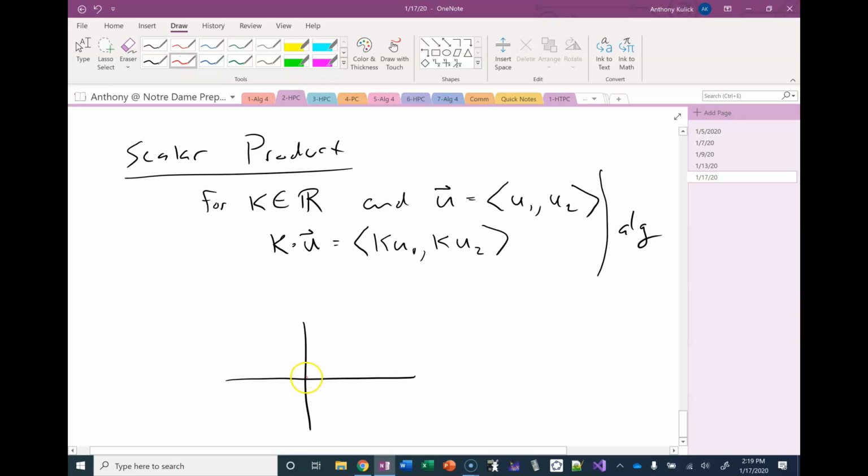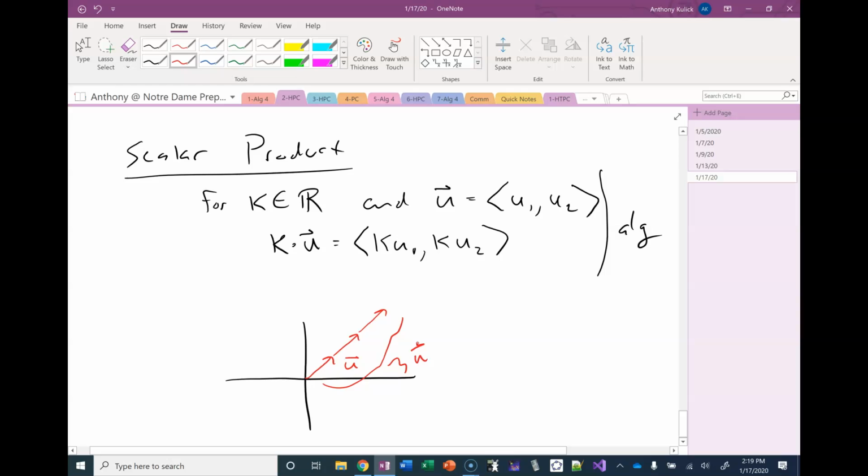What does the geometric description look like? So if this is vector U, this would be like 3U. Right?